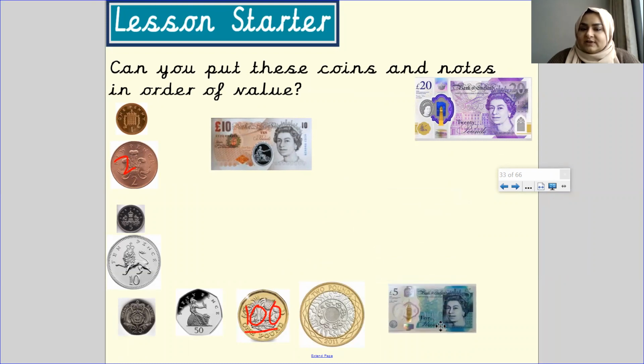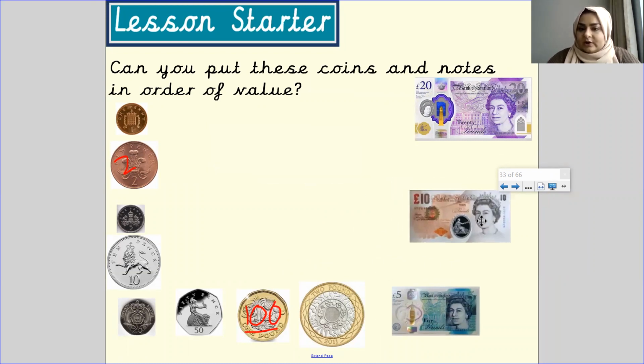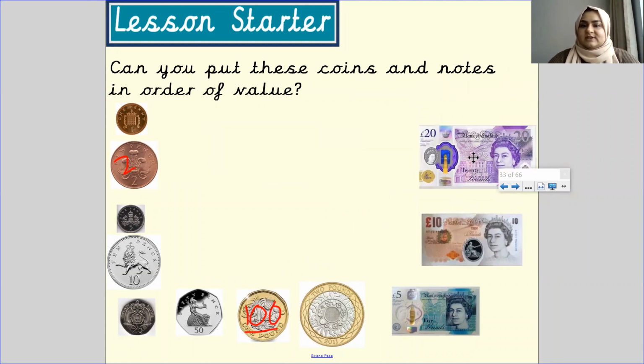Then £5 means 500 pennies, and so on. Then it's £10 and £20. So this is the order you should have had it in, from order of value: 1p is the smallest, then 2p, then 5p, then 10p, then 20p, 50p, £1, £2, £5, £10, and £20.